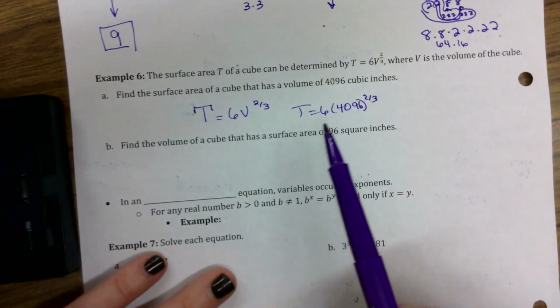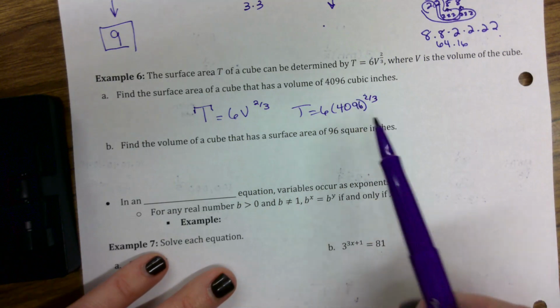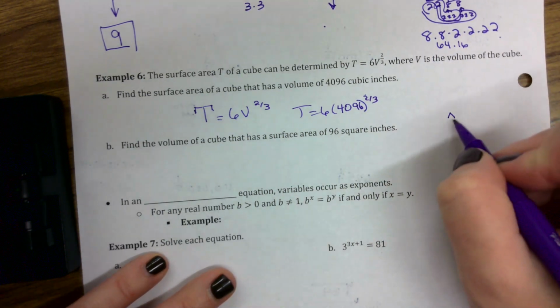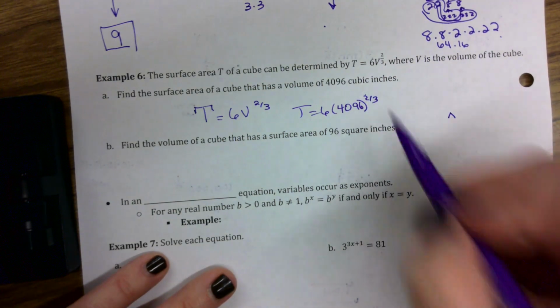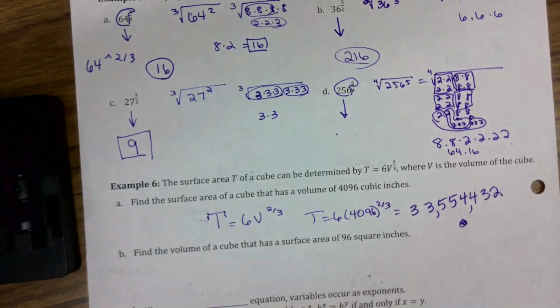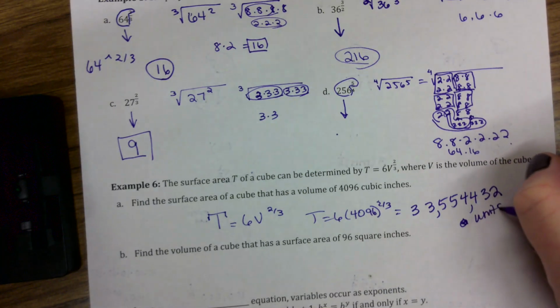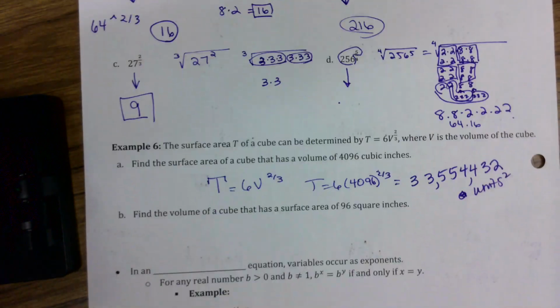Literally, type in your calculator 6, parentheses 4096, close your parentheses, then use this caret button, is what they call it, to the 2 divided by 3, enter. You will get 33,554,432 units squared because they talked about surface area.